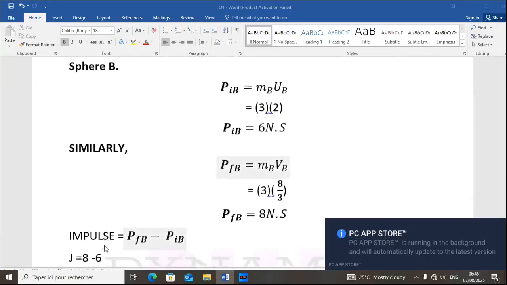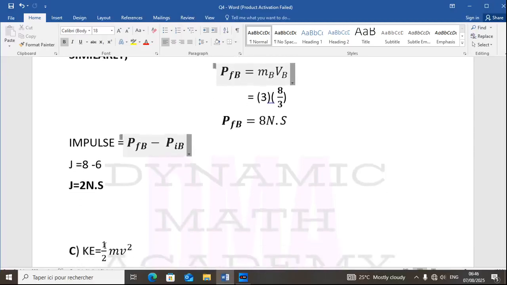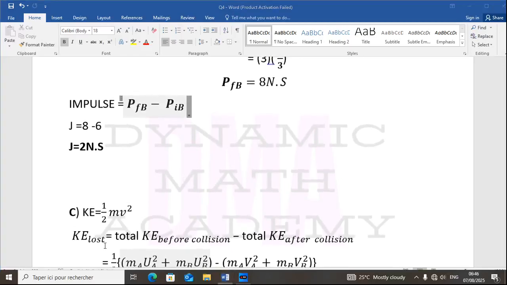Then after that we're going to look for the kinetic energy lost. Kinetic energy is equal to a half mv squared, that's the mass and the velocity squared. So the kinetic energy loss will be equal to total kinetic energy before collision minus total kinetic energy after collision.